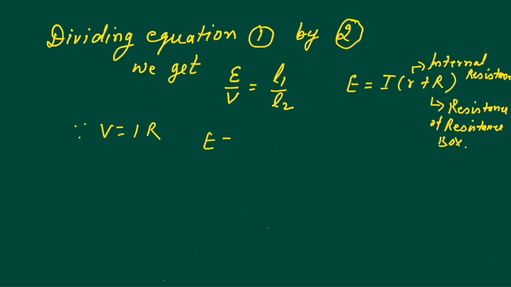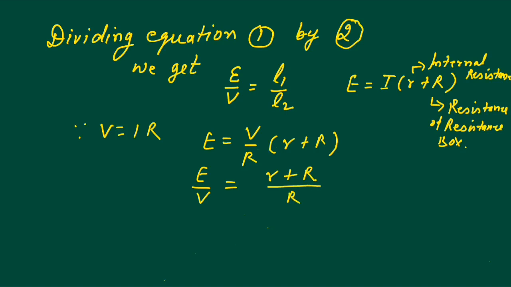So E equal to V divided by R into small r plus capital R, or E upon V equal to small r plus capital R divided by capital R, equal to r upon R plus 1, or E upon V minus 1 into capital R equal to small r.